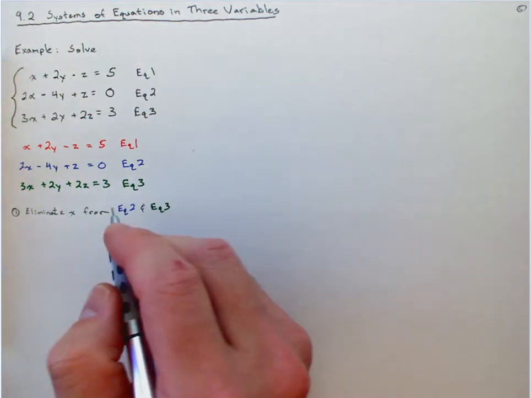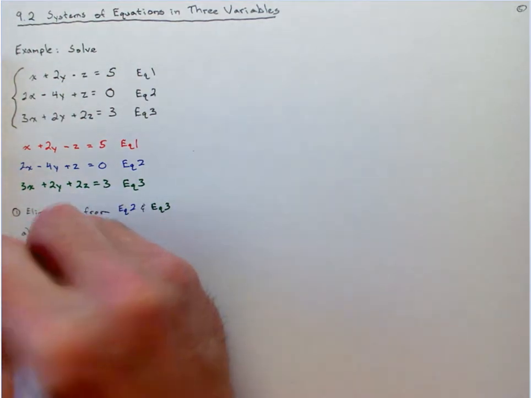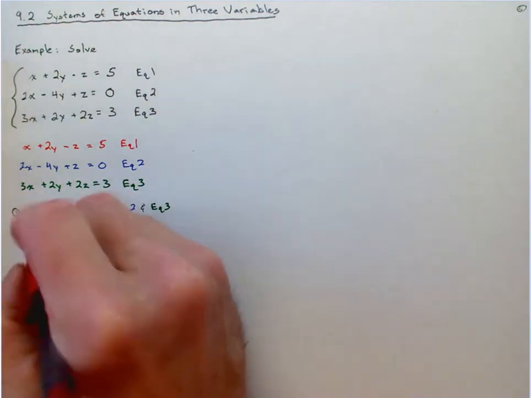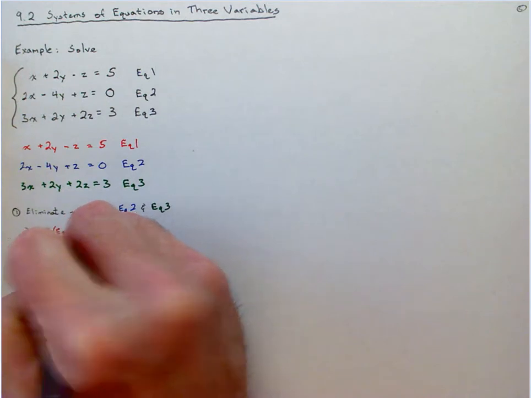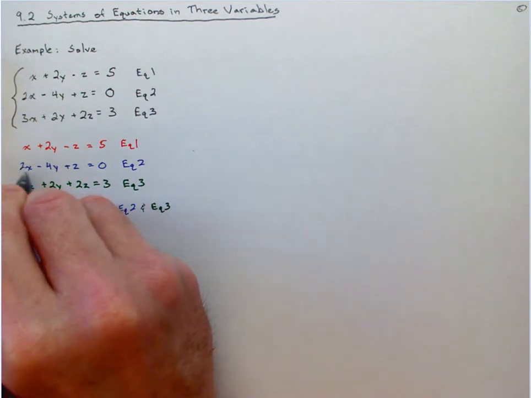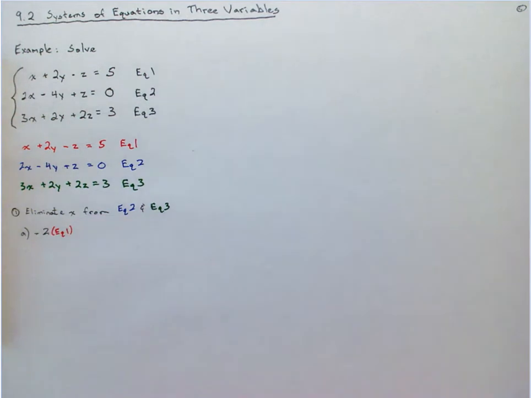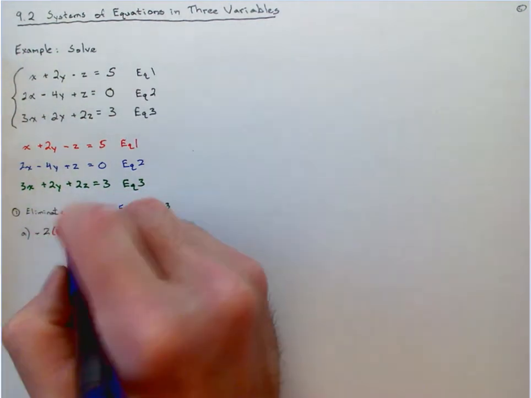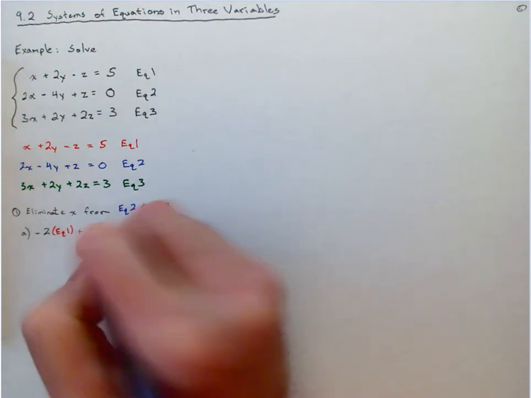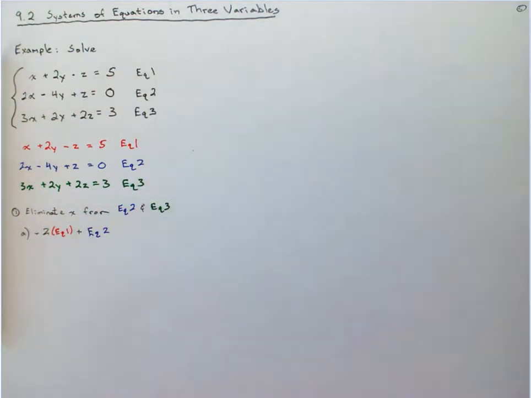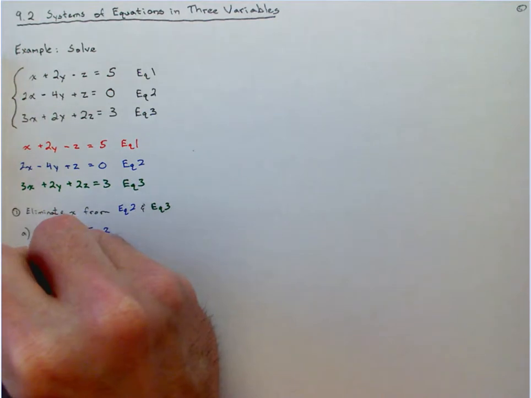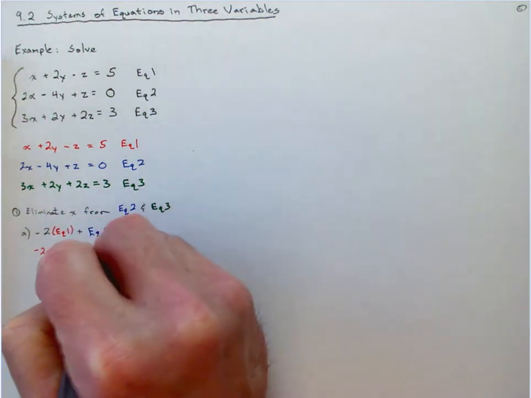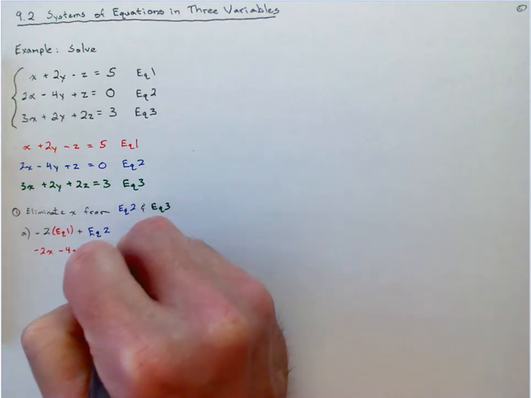So my first one, I will multiply equation 1 by -2. Because there's a 2, I want to create an opposite, and then I'm going to add it to equation 2. So what I end up with is -2x, -4y, plus 2z, equals -10.